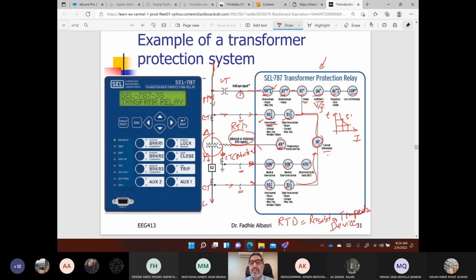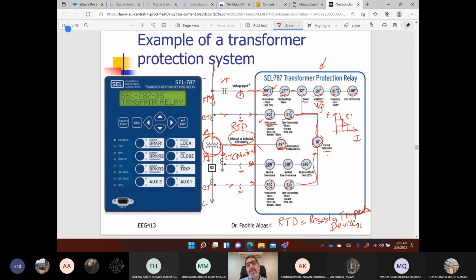So this is the 49 function. As you can see, you have so many protection functions in a relay so that we can detect any faults or abnormal conditions that can occur in a protected equipment, here in this case a transformer.